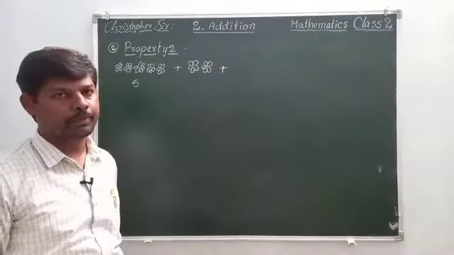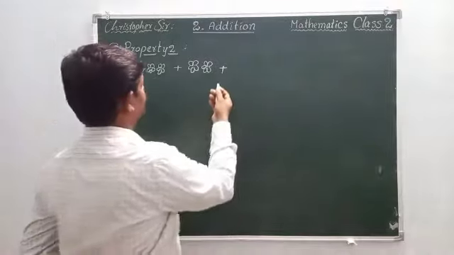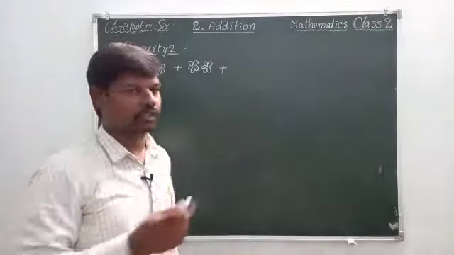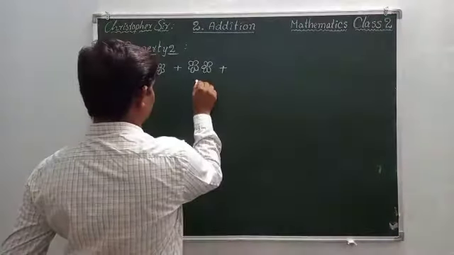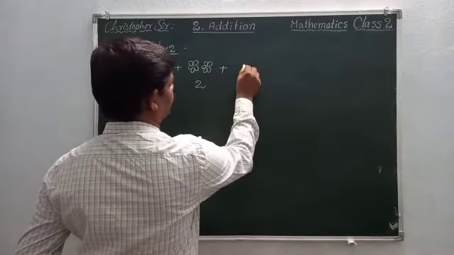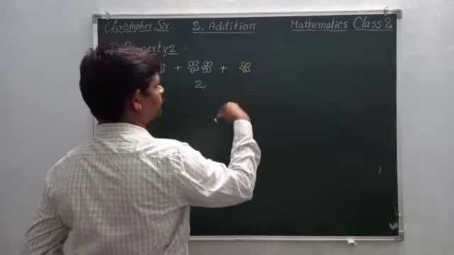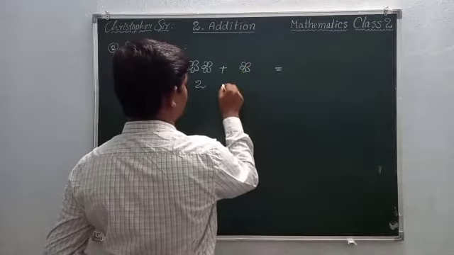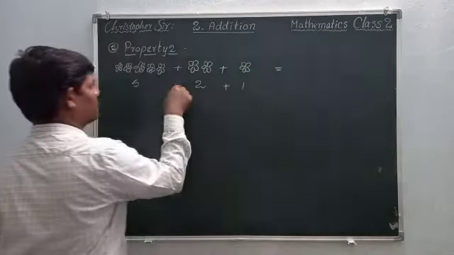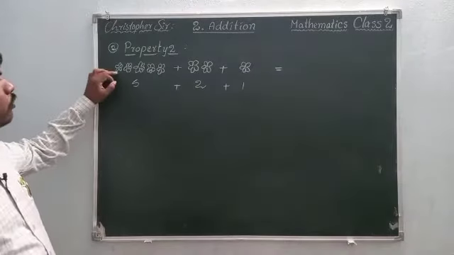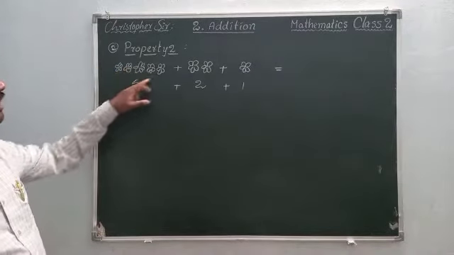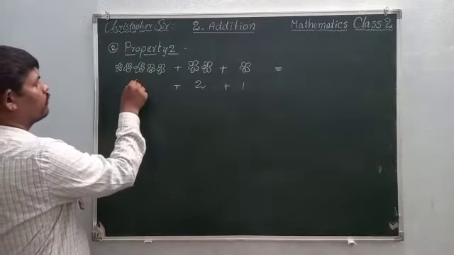Plus, this side we can take one more flower. So here how many flowers are there? 1, 2, 3, 4, 5. Right, here 5.